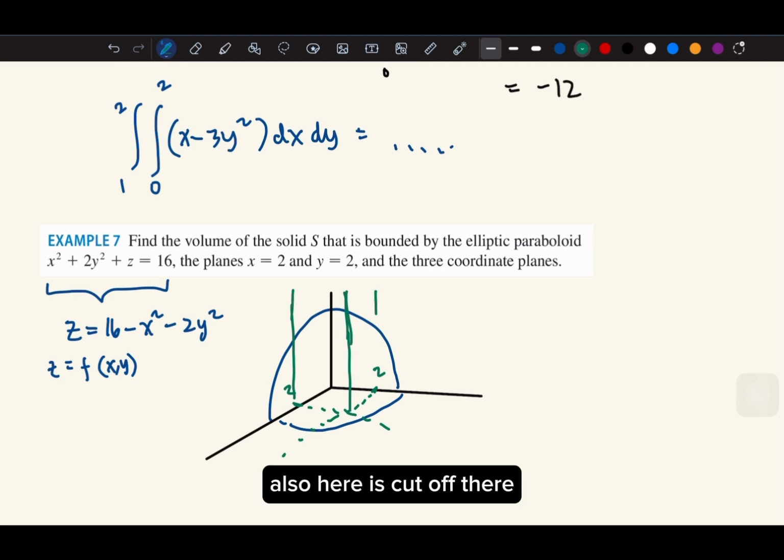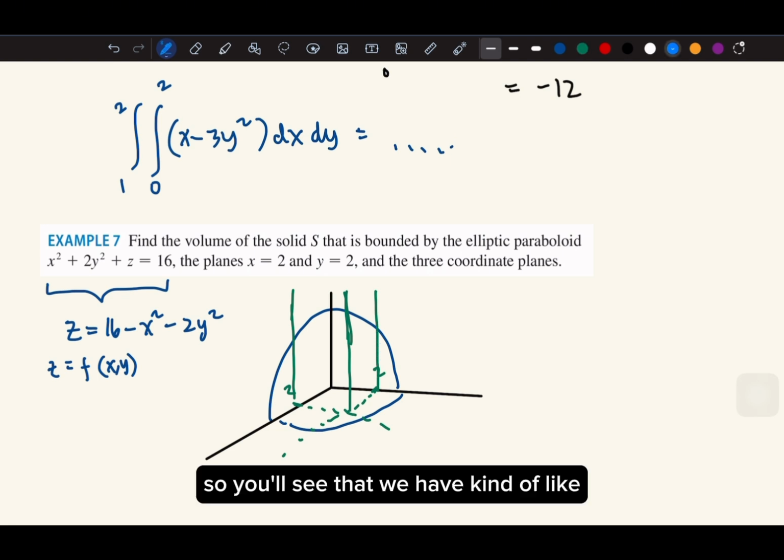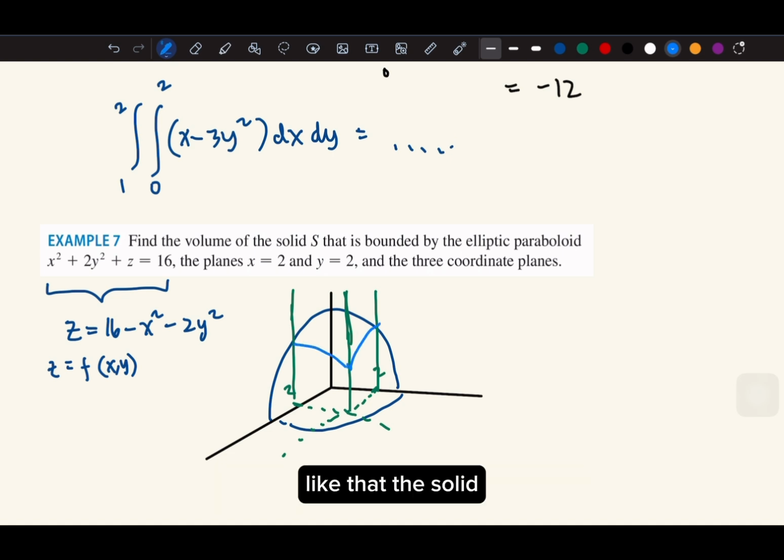Also here is cut off there. So you will see that we have kind of like that, the solid. Okay, so this is our S.